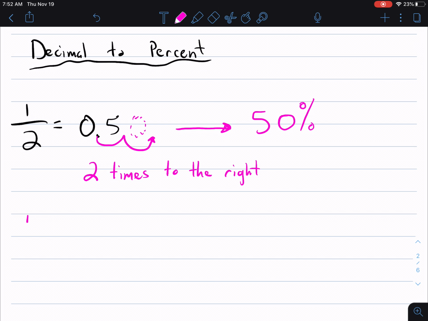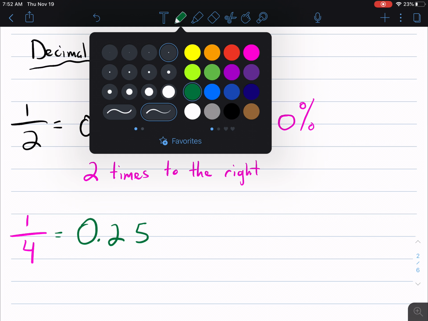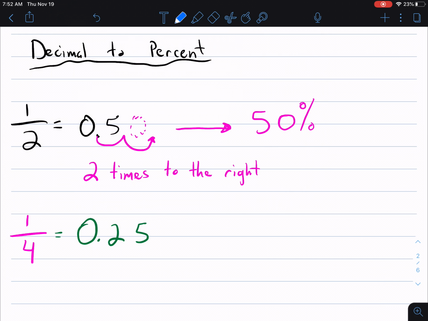If I have 1 over 4, remember the answer was 0.25. I move 2 times, me muevo 2 veces to the right. So 1, 2. Move the point.